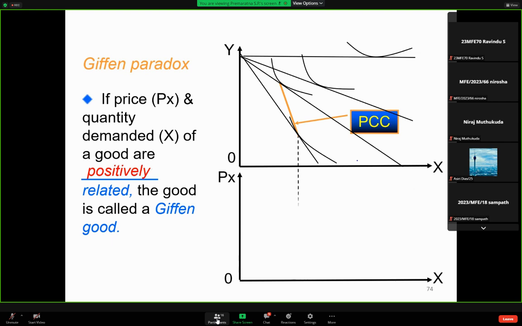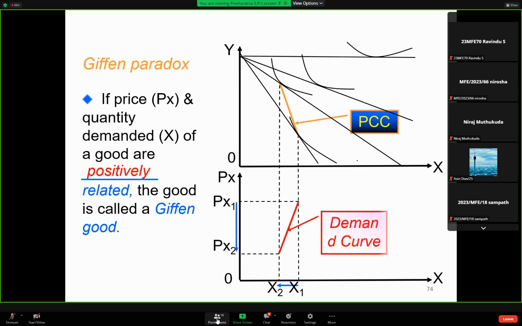The demand curve we derive has a positive slope, which means that when the price increases, demand increases. So it is the opposite of the law of demand. The Giffen good is a special kind of inferior good.